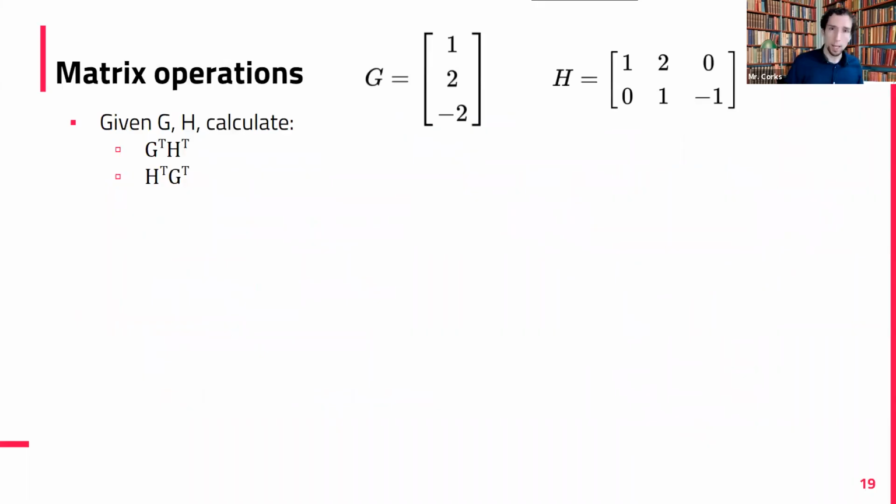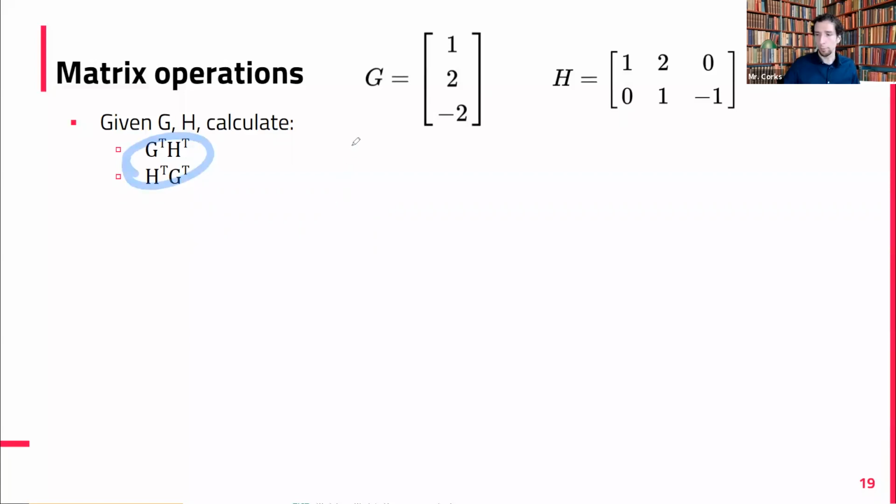All right, let's try some practice questions here. So I have matrices G and H here, and I want to do G transpose times H transpose, and then also H transpose times G transpose.